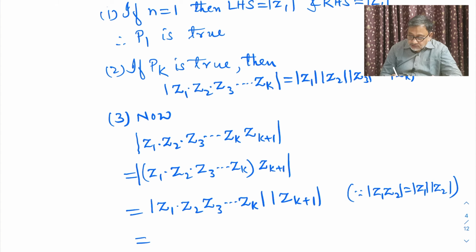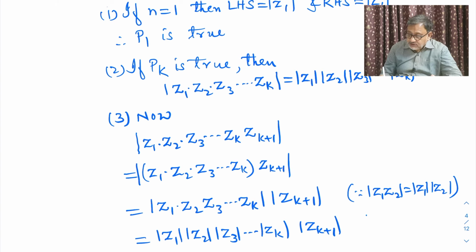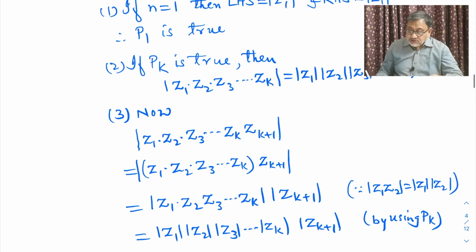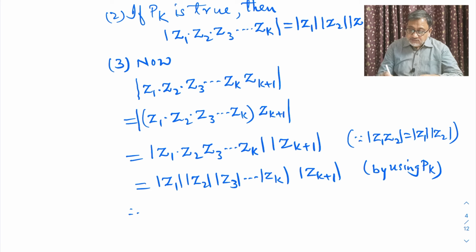Now z1 up to zk we have already proved, this part is equal to this. So I will write modulus of z1, modulus of z2, modulus of z3 and so on modulus of zk into modulus of zk plus 1. We are writing this by using P of k, because in P of k we have already proved it. So now this has proved the P of k plus 1, isn't it?